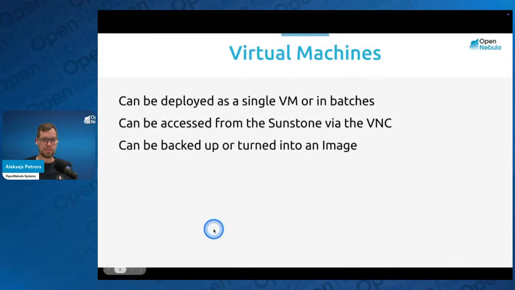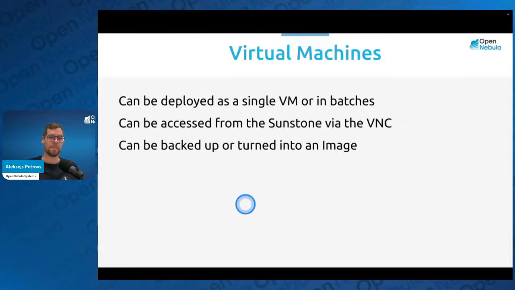Now, your virtual machines, that is why you're using OpenNebula, right? To run virtual machines, to run some workloads. As I mentioned, these are going to be instantiated from the virtual machine template, and then you can access them via VNC, through Sunstone, but also you can access them using secure shell if that is configured in your networking.